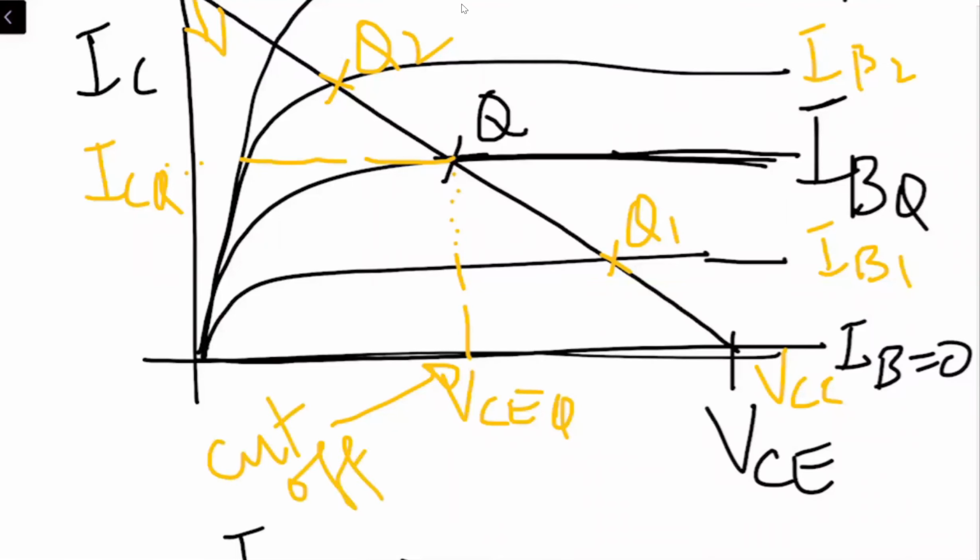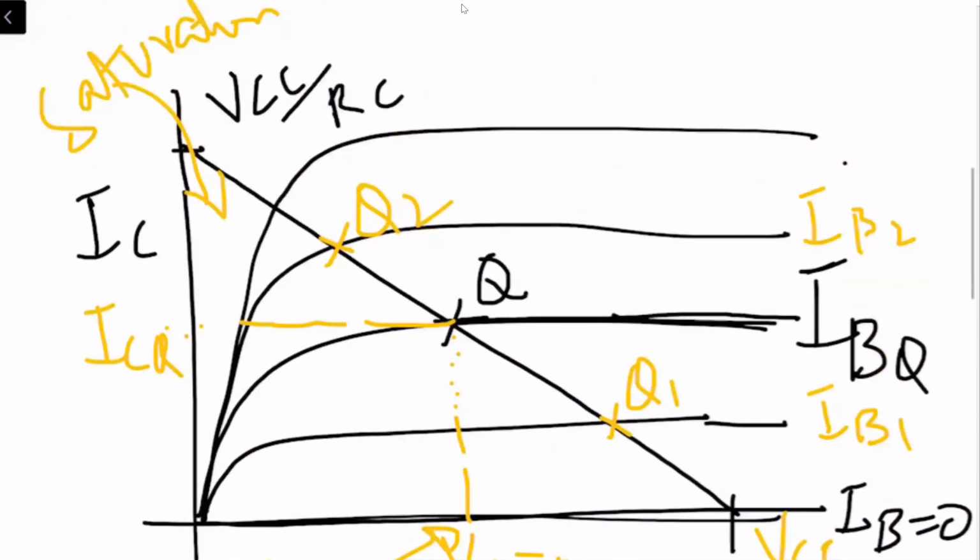Do you remember that? Yes, sir. So by varying IB, we can either move towards the cutoff region, or we can move towards the saturation region, right?